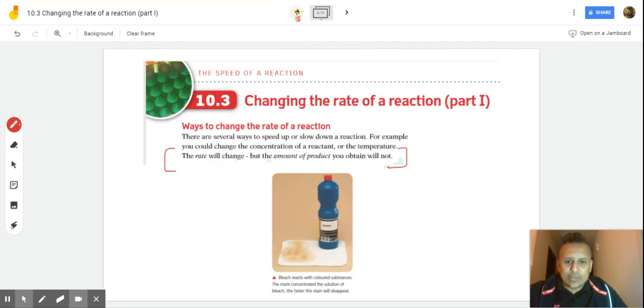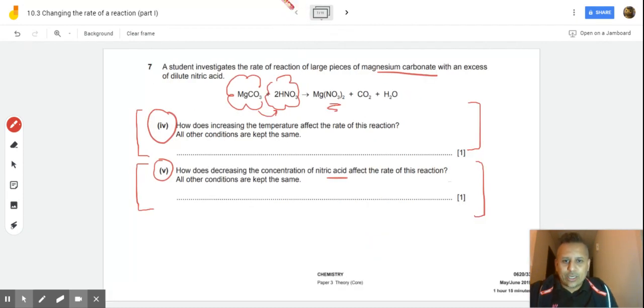Now, if we go back to our exam question, we can actually look at this. It says, how does decrease in the concentration of the acid affect the rate of reaction? Well, we just learned that increase in the concentration increases the rate of reaction.